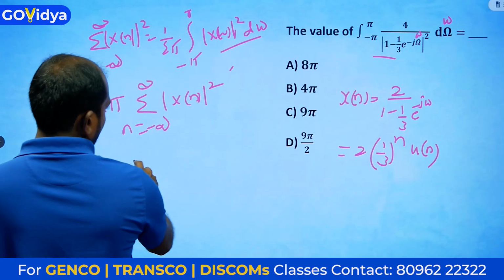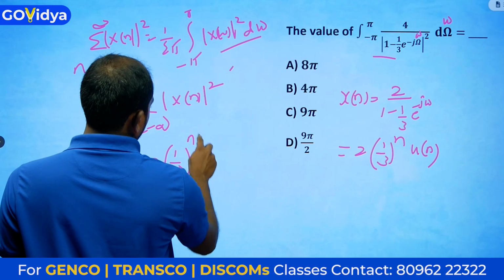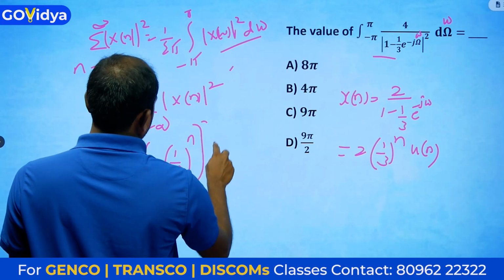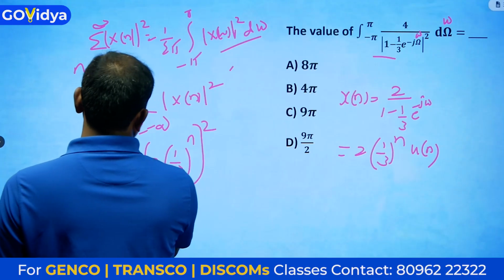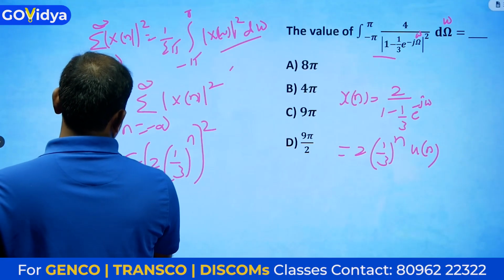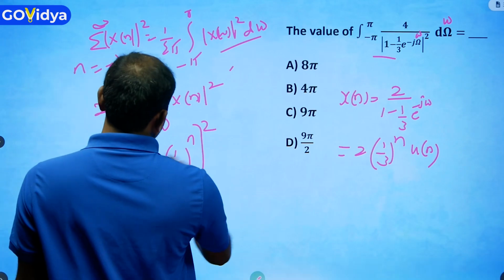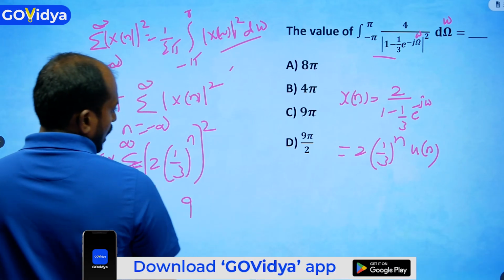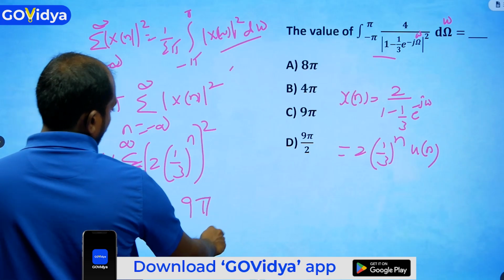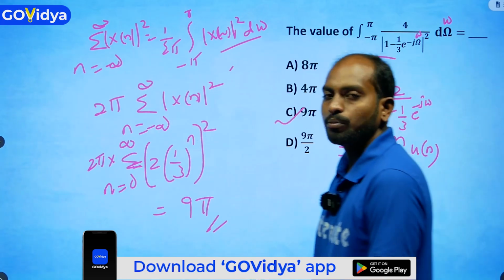Substitute here: 2 into 1 by 3 whole power n, whole square, into u of n, so summation from n equal to 0 to infinity, into 2 pi. If you solve this, you will get 9 pi. So option C is the correct answer.